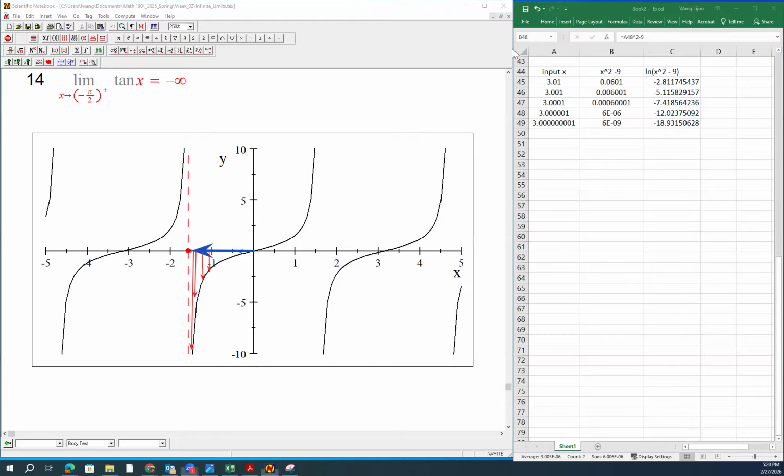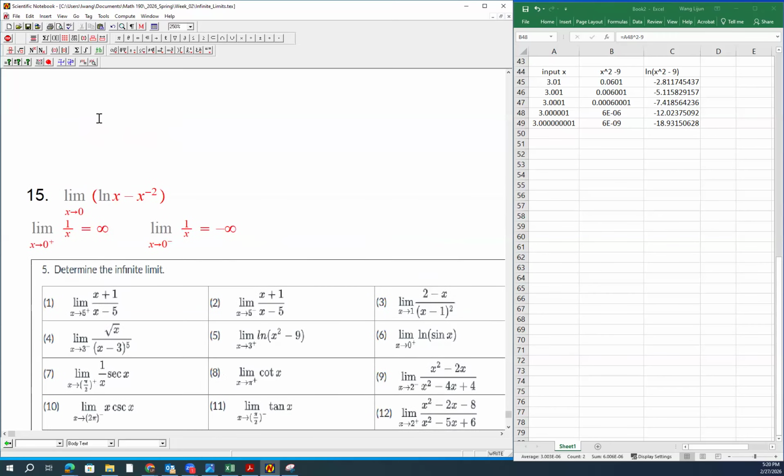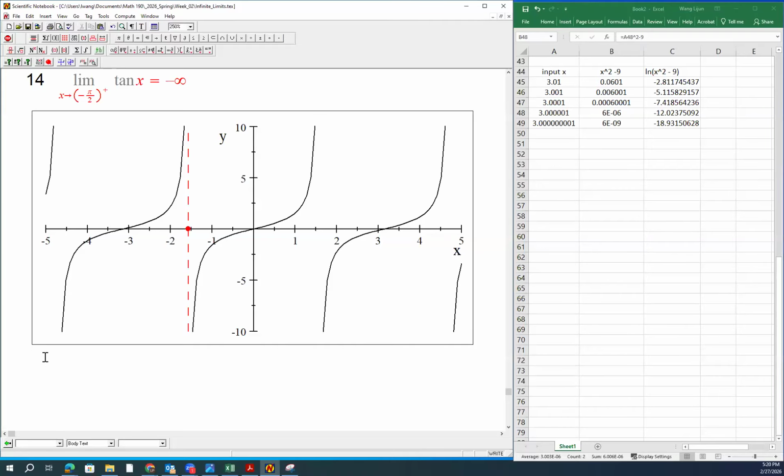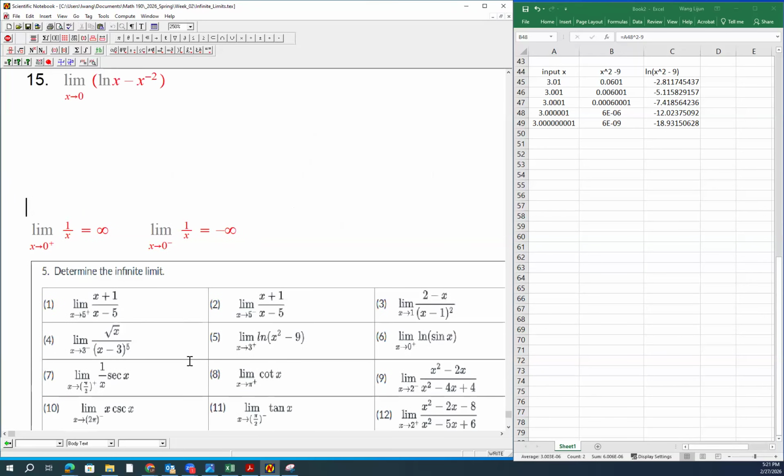One more question, one last one. Number 15. We have two quantities. Again, this time we cannot separate them because we just have to work with them.